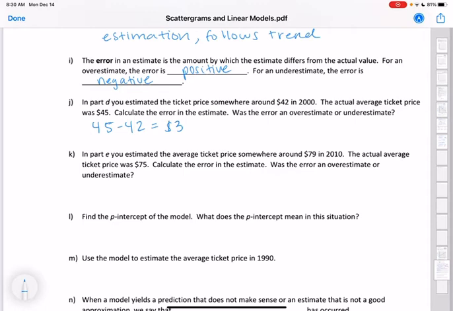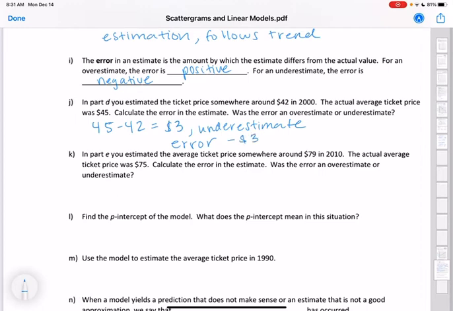So we said 42, but it was actually 45, so we were under. So that was an underestimate. So that means that the error, because it's an under, is negative. So we would say that the error is negative $3.